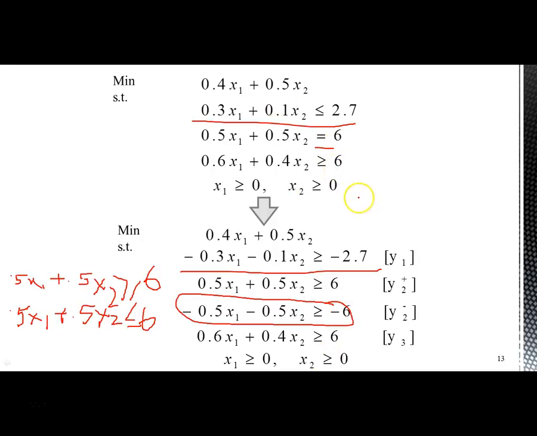So what happens now? We now have four variables. Number one, y1. Number two, y2 plus. Number three, y2 minus. Number four is y3. So these will be my new dual variables. Now if we write the dual problem, what is going to happen? These will be my coefficients times these variables.